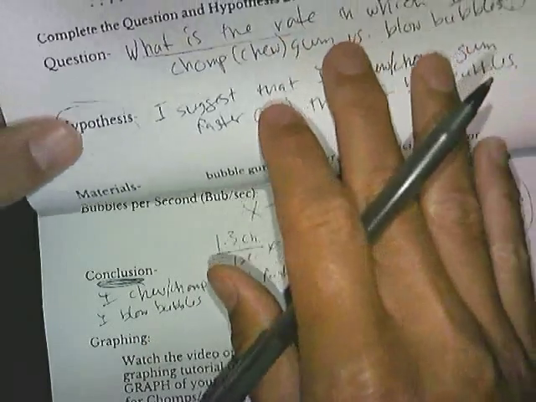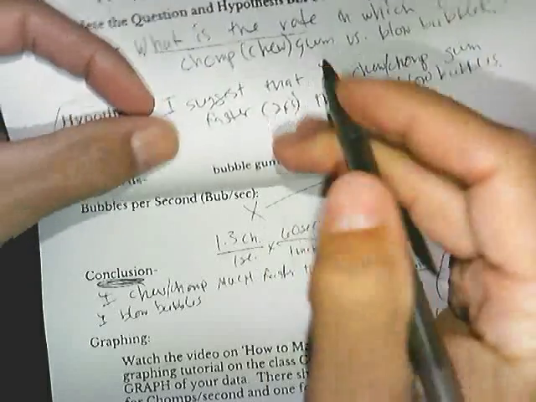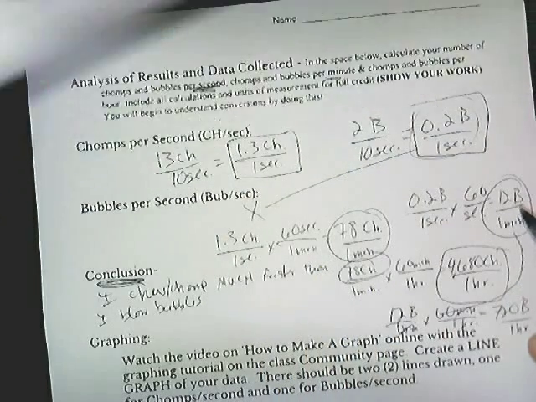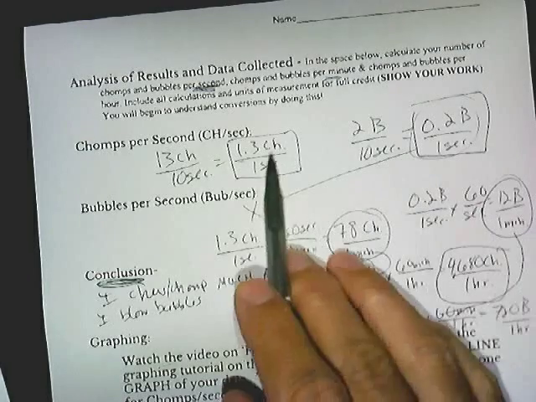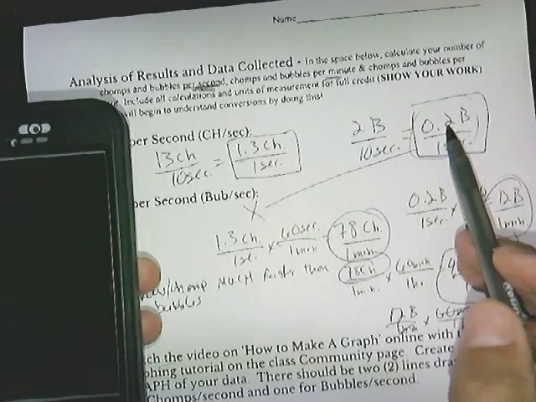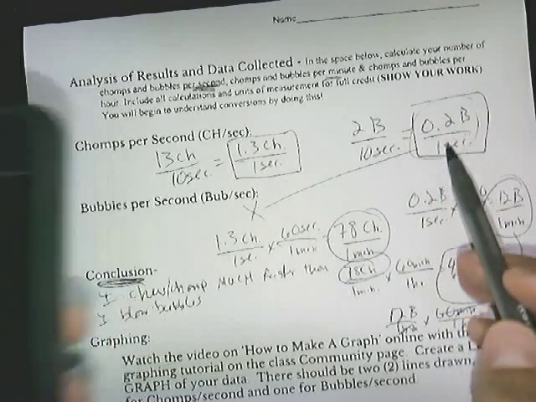But I was right with that, but I was wrong because I made a prediction of 2 times faster, and I'm actually significantly faster. So notice 1.3 chomps per second, and here I blow bubbles at 0.2 bubbles per second.